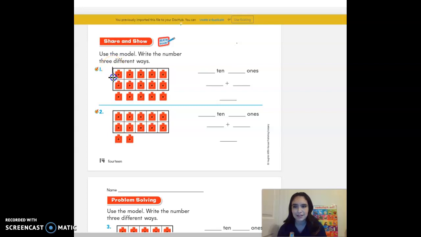What does a filled 10 frame show? Can someone tell me? A filled 10 frame shows how many 10s? Okay, a filled one shows 1 ten. And how many ones is this showing? I have 1, 2, 3, 4, and 5. And I have 5 ones.